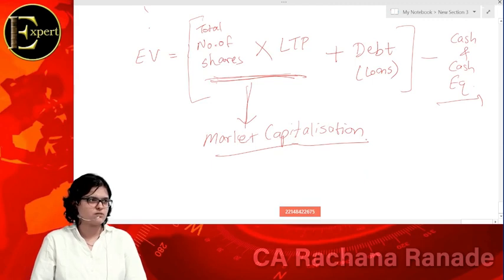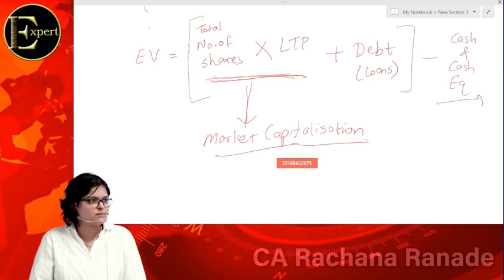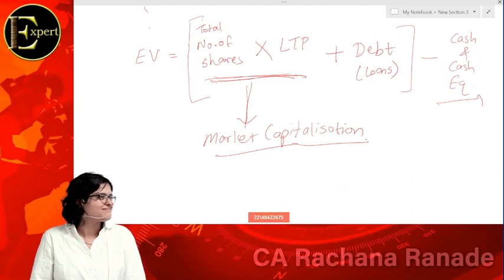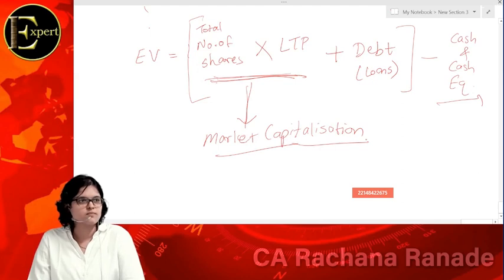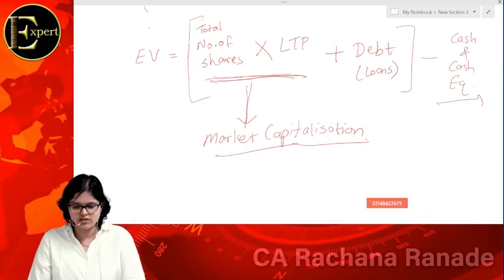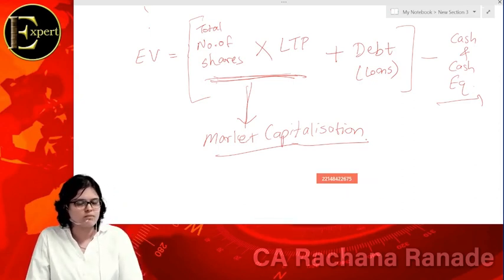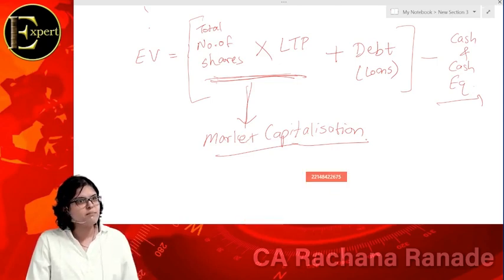Last traded price. I said latest, no? Sorry, it's last traded price. Plus debt, that is loans. Close the bracket, minus cash and cash equivalents.